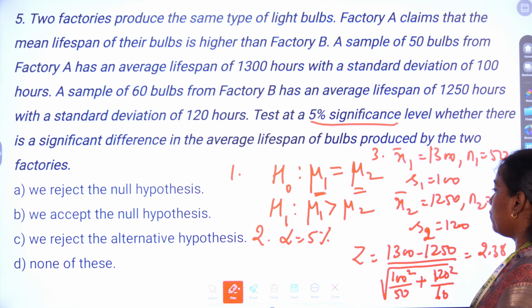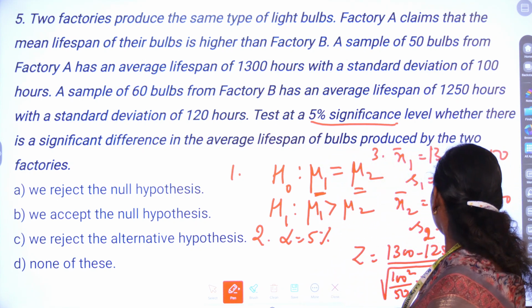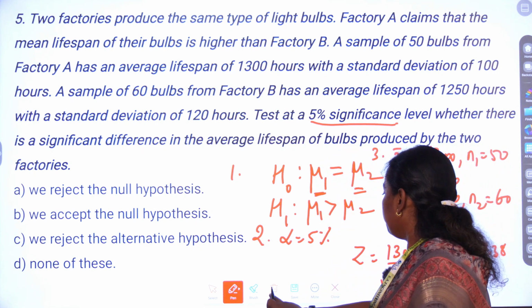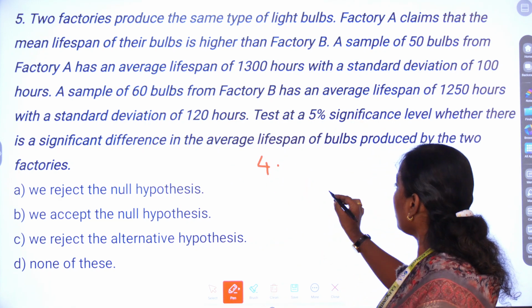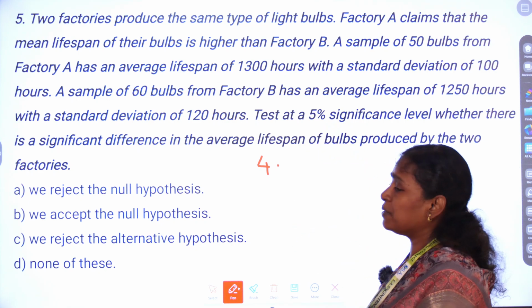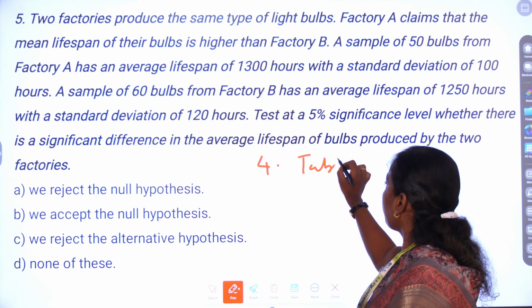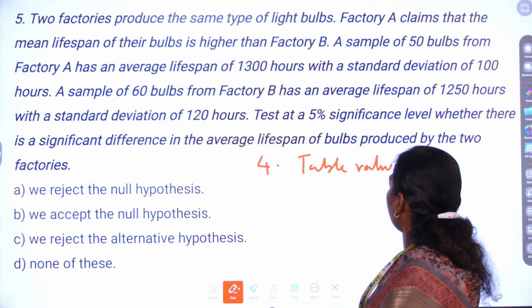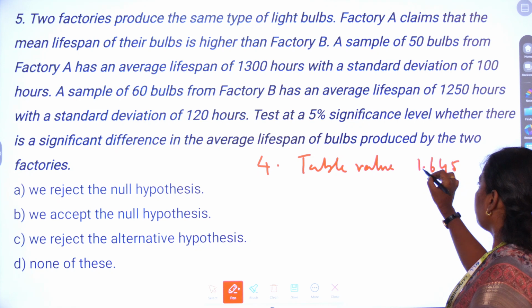Now what is your step 4? Your step 4 is nothing but the table value. So for a 5% right-tailed test, your table value is 1.645.